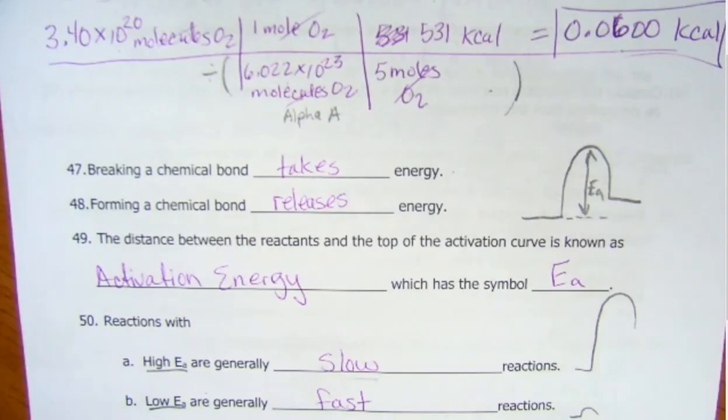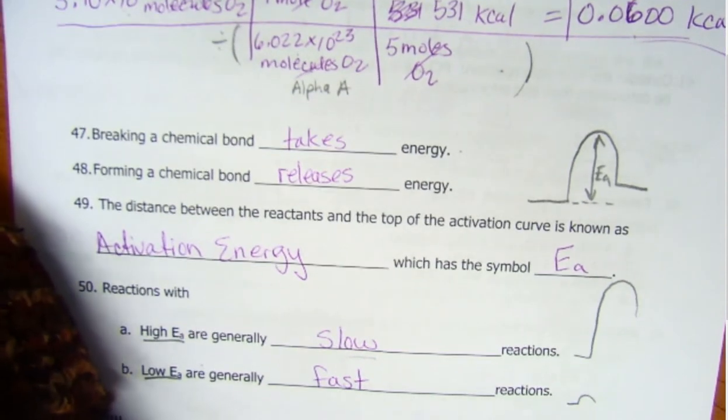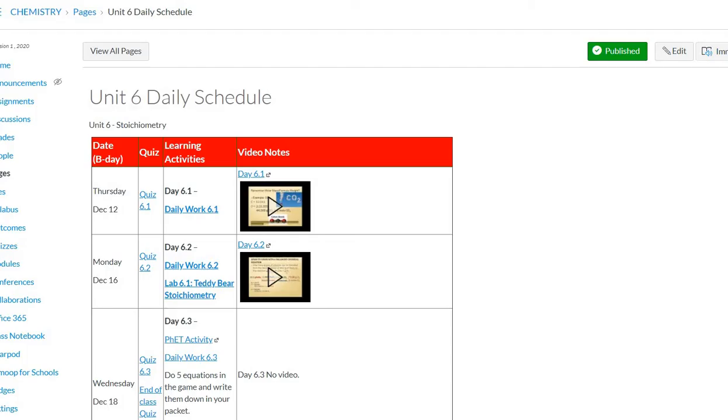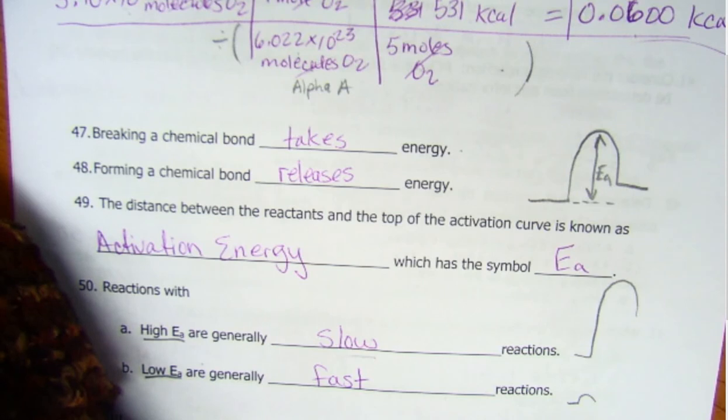Okay, let me look real quickly and see if we can find that. I think it's kilocalories. Let me double check. I'm going to your book in chapter 6. What's this? I wrote it down.